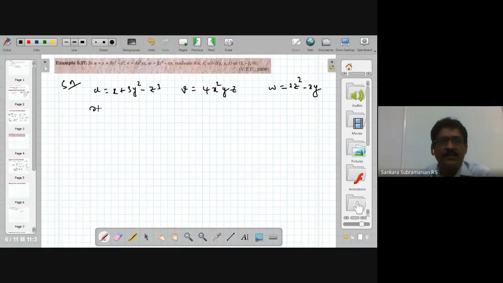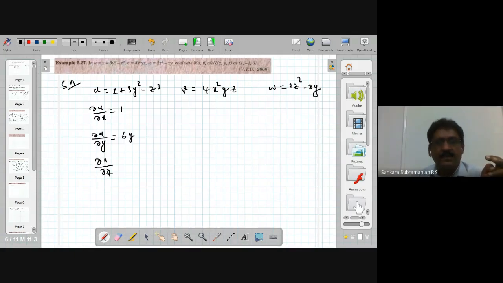Dou u by dou x is equal to 1. And dou u by dou y is 6y, and dou u by dou z is equal to minus 3 z square.